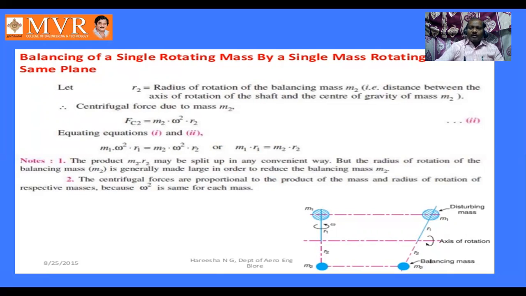So we can have a large mass with small r2, or a small m2 with a large r. If you observe this point, preferably a large mass with small r gives less vibrations. So this is the third key point. The parameters we found are mass and r.